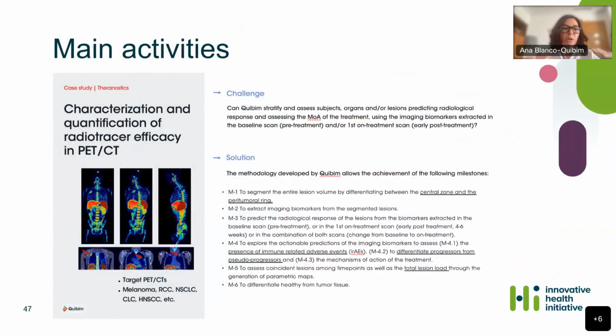We also evaluate the response to the radiotracer at lesion level. With this analysis of the binding of the radiotracer to the target, we can stratify the patients into responders and non-responders. So this is theranostics, and it can also be used for diagnostics.